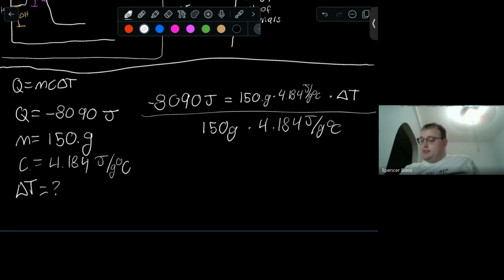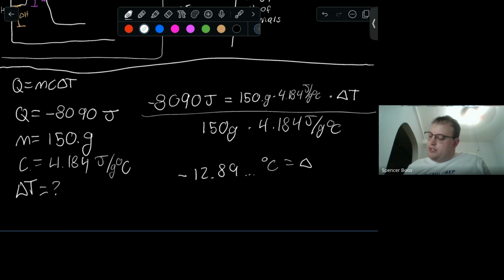And we get negative 8,090 divided by 150 times 4.184, and we get negative 12.89 degrees Celsius is equal to delta T. Rounding to sig figs at this stage, there are 3 significant digits in our lowest number that has significant digits, so negative 12.9 degrees Celsius is equal to delta T.